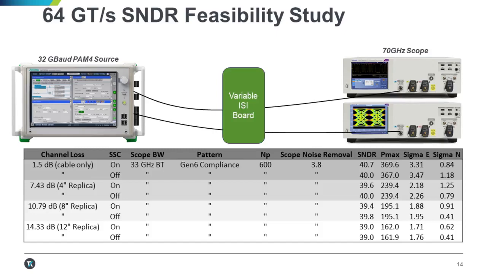And we have certain knobs: channel loss, sinusoidal jitter, and differential mode interference. Differential mode interference really maps to crosstalk in a real system. Then we use those knobs to adjust, looking post equalization for that target of 6 millivolts.